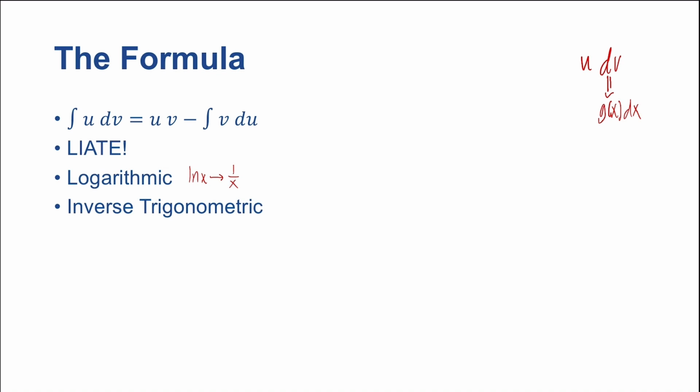If I have something like arctan, that goes to 1 over 1 plus x squared. And then we also have our algebraic, and this is where something like x would go to 1. But we also have higher order instances where we would see x squared going to 2x or something like that. And these are the ones that are perfectly acceptable to pick for our u.